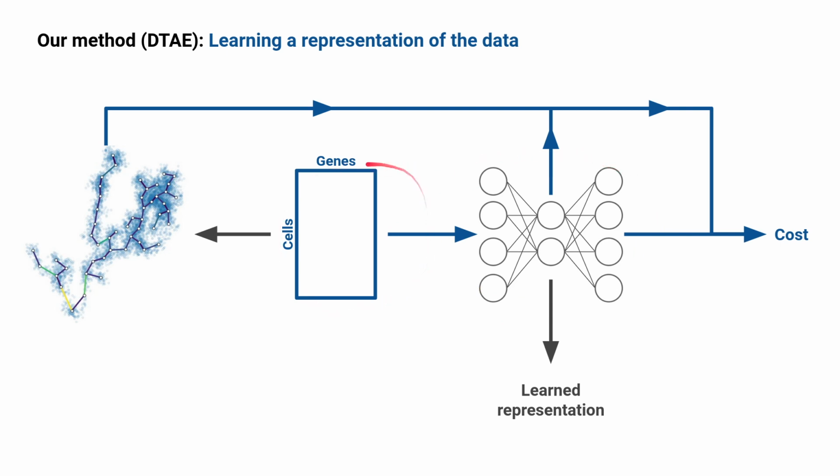That takes as input both our gene expression matrix and the tree that we previously built. We will compute a cost function that we will optimize over several iterations. And then, when this optimization process is complete, we should have learned representations that will both preserve the same properties of the data, thanks to the autoencoder architecture, as well as having emphasized the properties of the tree by means of regularizing the visualization by it. Once this is done, we can directly extract the visualization from the autoencoder by feeding in the original data.